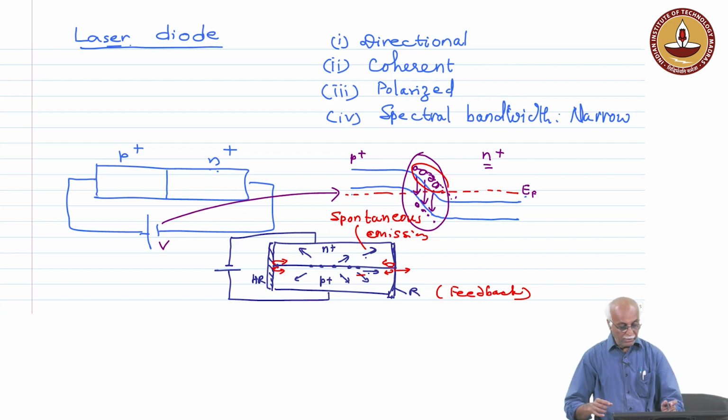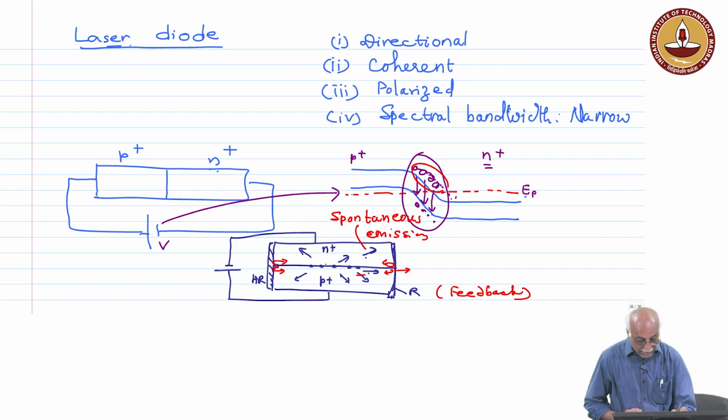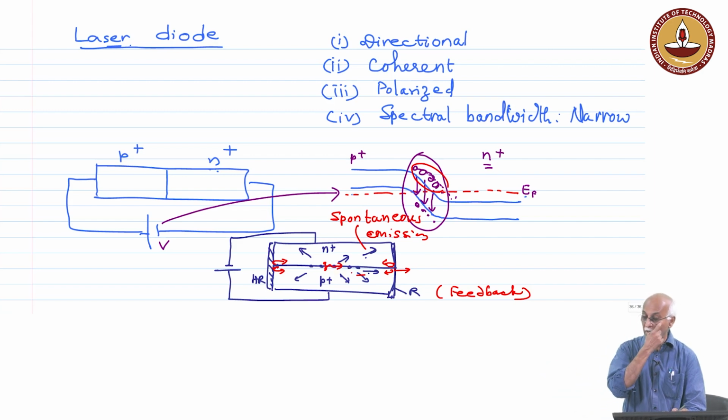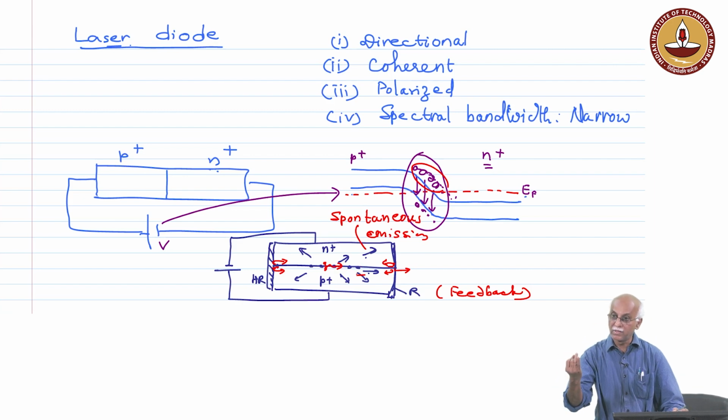So what will happen, other photons which are emitted due to the electron hole pair recombination will also behave like the incoming photon. We will have the same frequency, the same phase, the same polarization state.